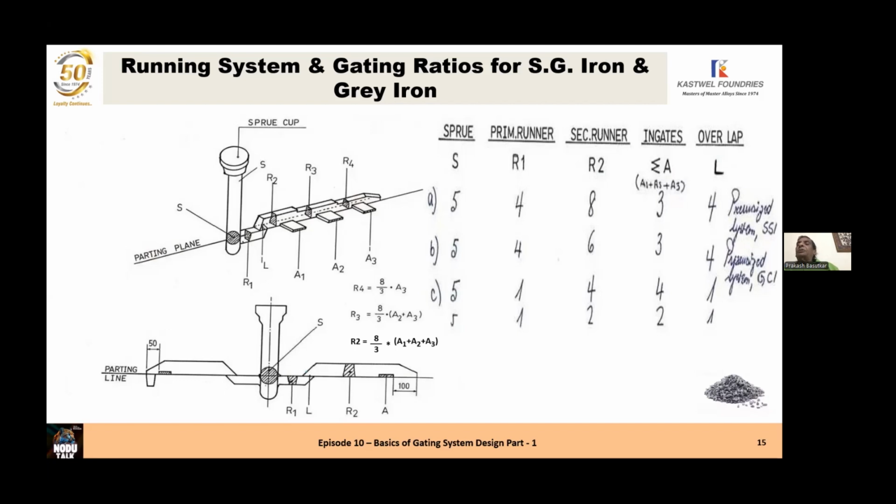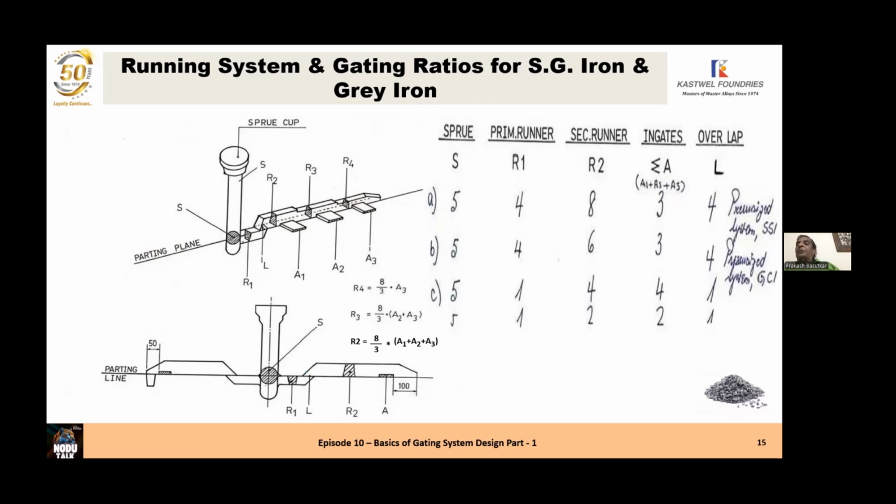So the chokes ahead of R3 are A2 and A3. So runner area R3 is 8/3 multiplied by A2 plus A3. Is that clear? So the runner area is determined by 8/3 multiplied by all the chokes which are ahead of that runner.